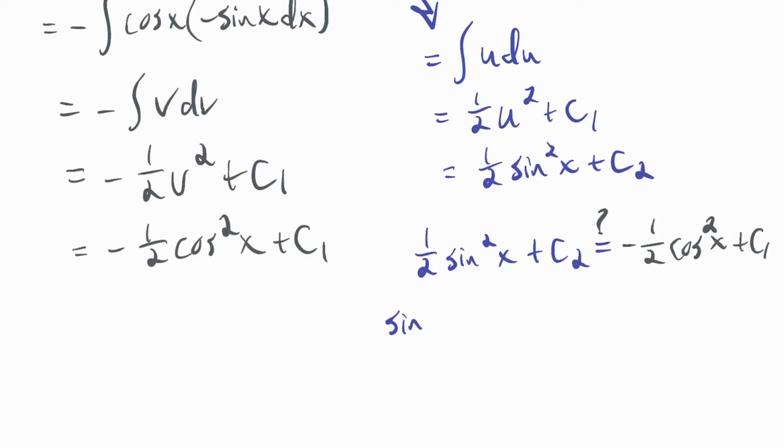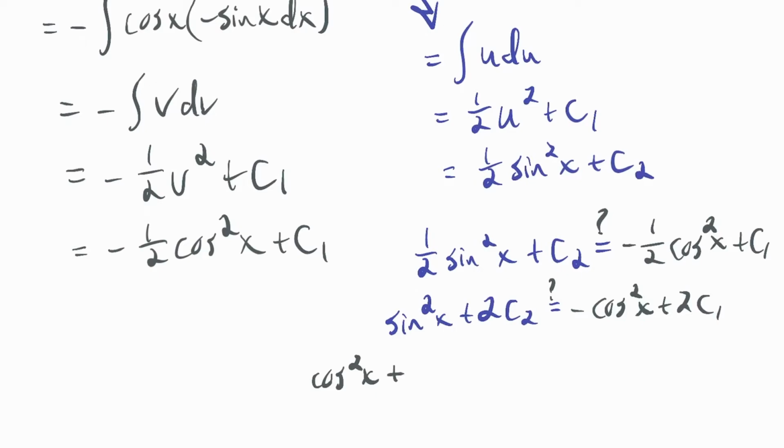So sine squared x plus 2c2 equals question mark negative cosine squared x plus 2c1 question mark. And if I add cosine squared to both sides, I get cosine squared x plus sine squared x plus 2c2 equals question mark 2c1.